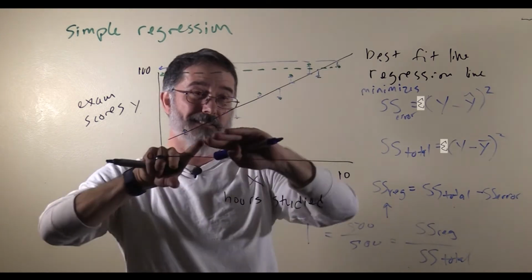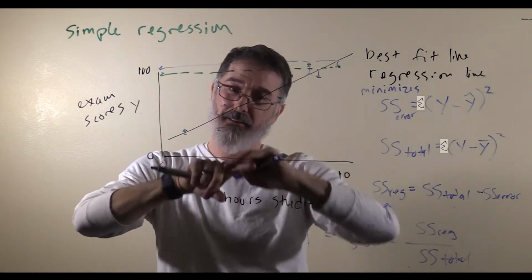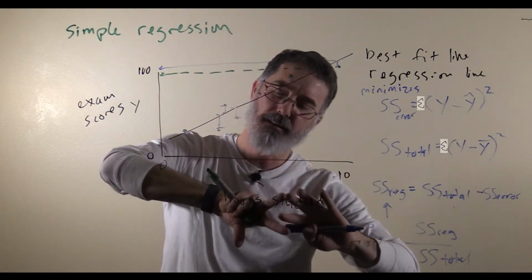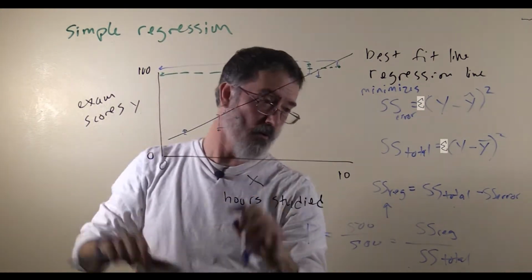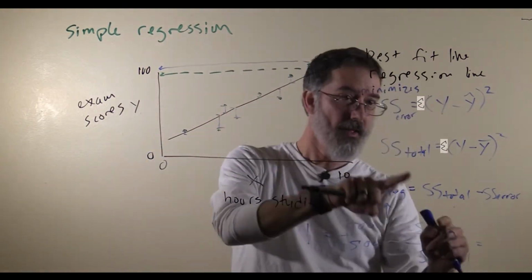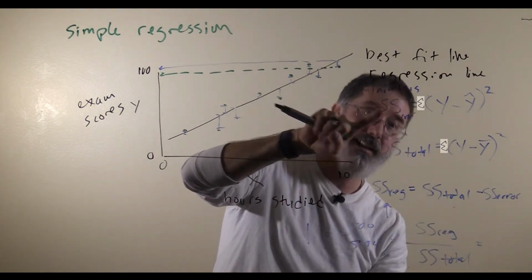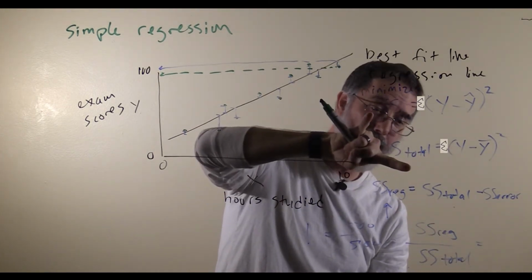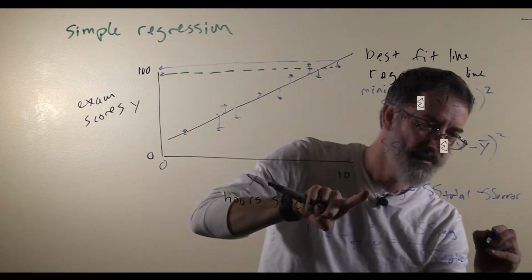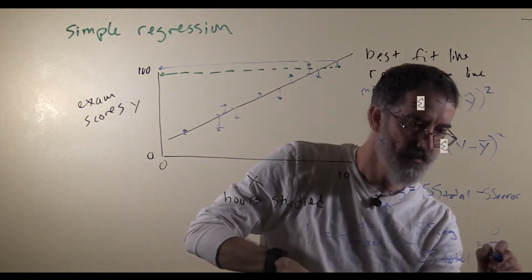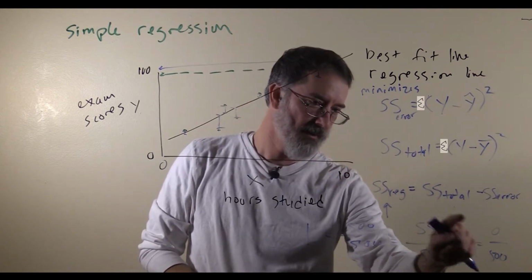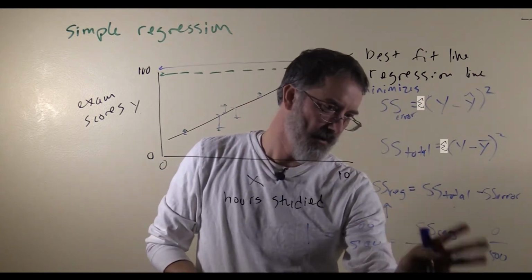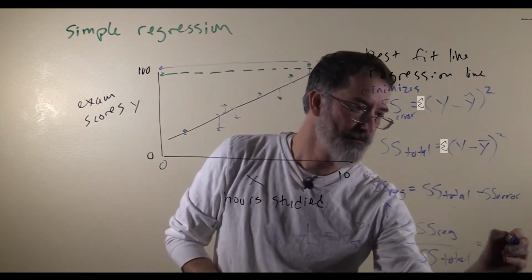If the line doesn't fit at all, if your predictor doesn't explain any of your outcome variable, if these two variables are uncorrelated, then your sums of squares error and sums of squares total are going to be the same, and your sums of squares regression is going to be 0. And in that case, the worst case scenario, the result of this formula would be a 0.